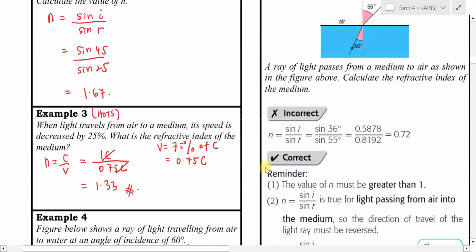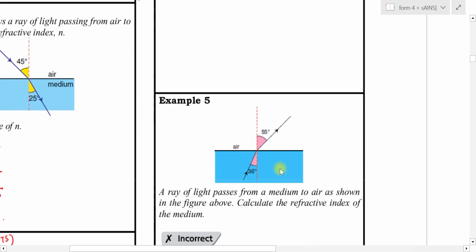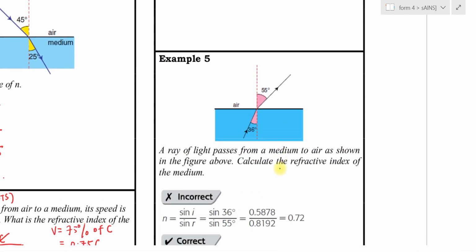Example 5. Many people take this as I and this as R. If you calculate, you get N equals 0.72, which is wrong, because N must always be greater than 1. Although it starts from air, you cannot apply the refractive index formula directly, because for refractive index we put C first and then V. Here it starts in water, so we must use the reverse concept.